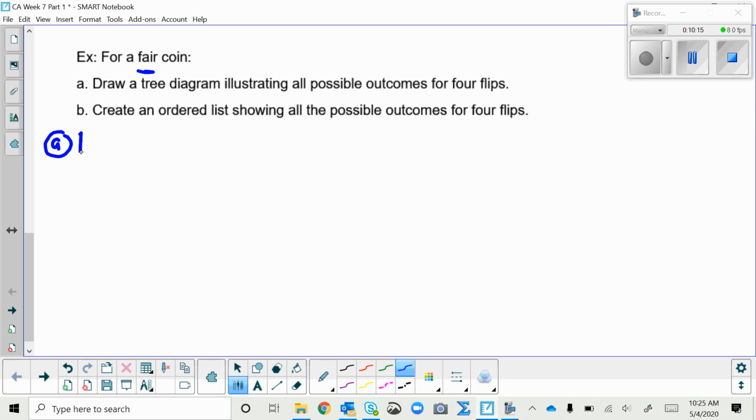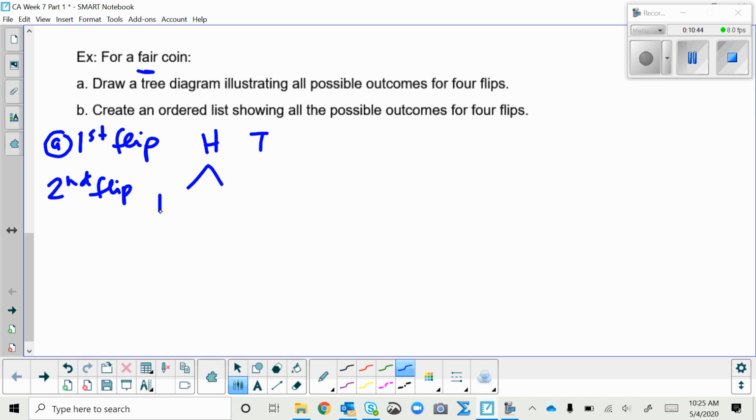The very first flip, so you flip the coin. What are your options for that first flip? You can get either heads or tails. And on the second flip, yes, you can only get heads or tails, but we're sort of going to show the progression of the possible ones, assuming you got heads on the first flip.